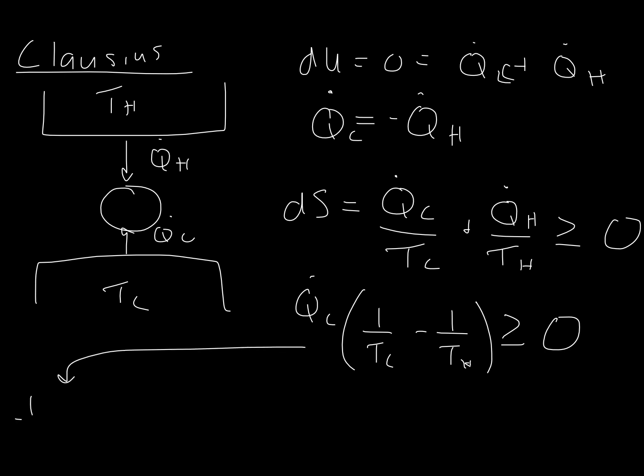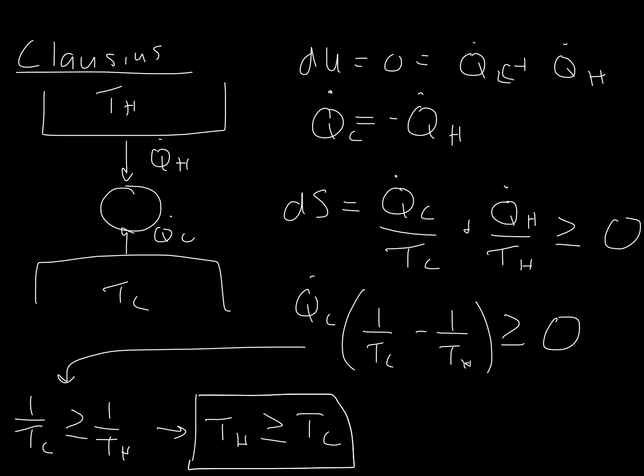Do a little bit more math. 1 over TC has to be greater than or equal to 1 over TH. And then finally, TH has to be greater than or equal to TC. So in order for heat to flow, it has to go from hot to cold.